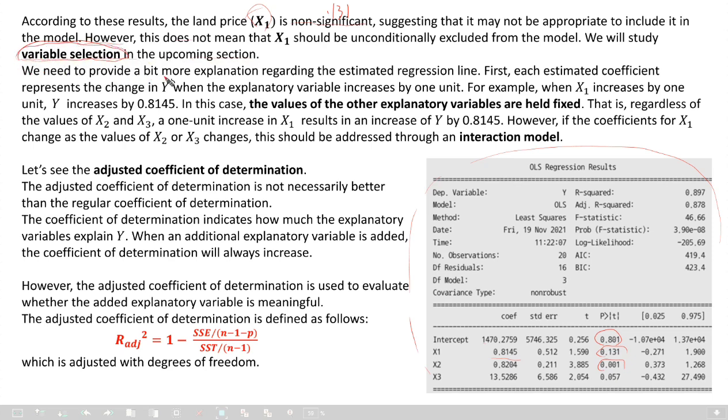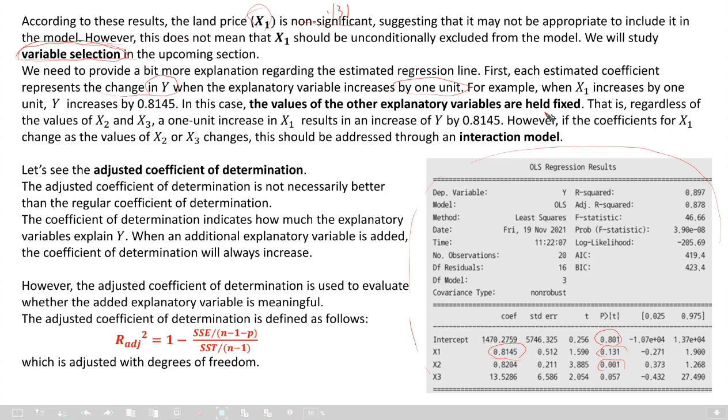We need to provide a bit more explanation regarding the estimated regression line, the previous one. First, each estimated coefficient represents the change in y when the explanatory variable increases by 1 unit. You understand that. Okay? For example, when x1 increases by 1 unit, y increases 0.8145. In this case, the values of other explanatory variables are held fixed, constant.